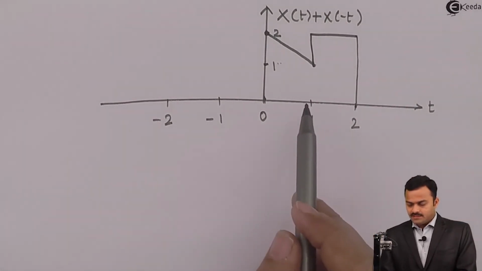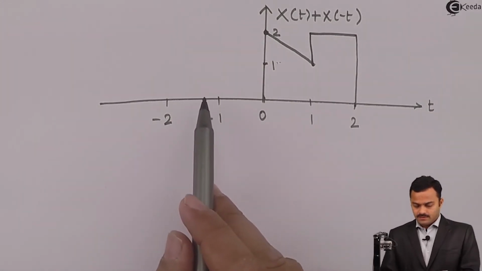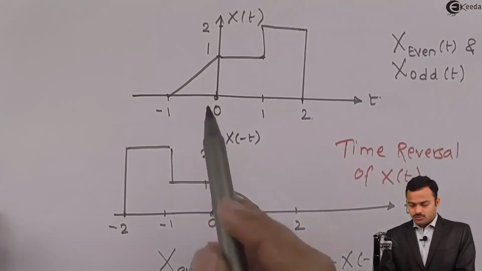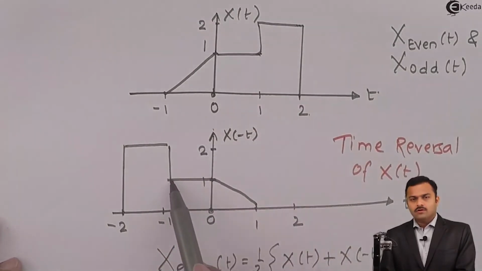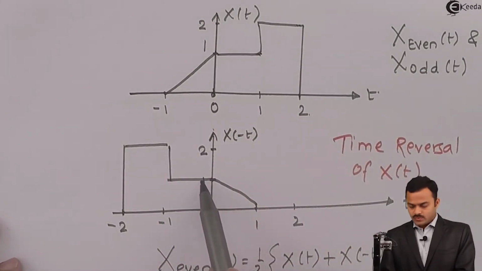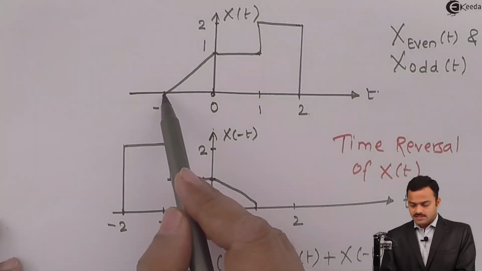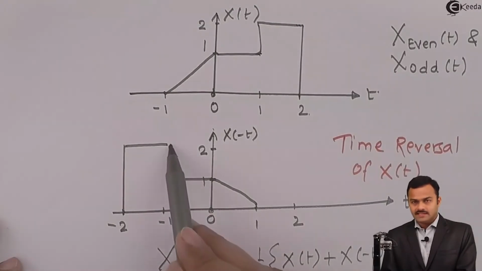Now the same thing we can apply for the negative axis. From 0 to minus 1, here the slope is minus 1, the other slope is 0, so the resultant slope is minus 1, and at t equal to minus 1, one has a value 0 and the other has a value 1, which is changing to 2 immediately.